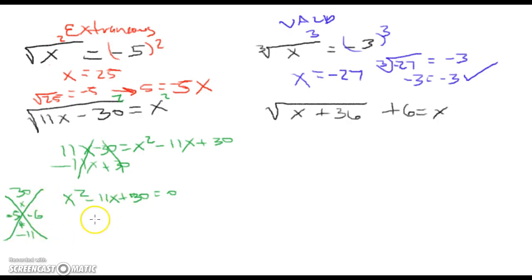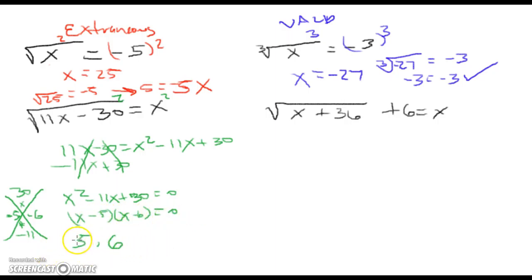Okay, that'll make it work. So this factors to x minus 5 and x minus 6. So then my solutions for this are going to be +5 and +6, because 5 minus 5 is 0 and 6 minus 6 is 0, which gives me 0.